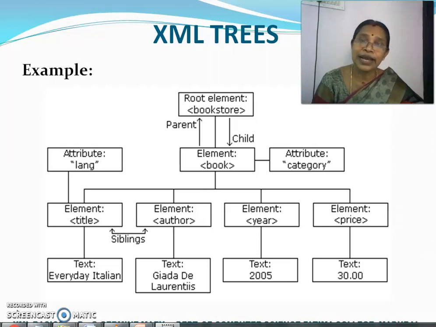And an element can have an attribute which gives information about the element. Here the element book has an attribute category which tells the category of the book. Every book in the bookstore will have a separate book tag, and in this book tag we have many subtags which give information about the book.